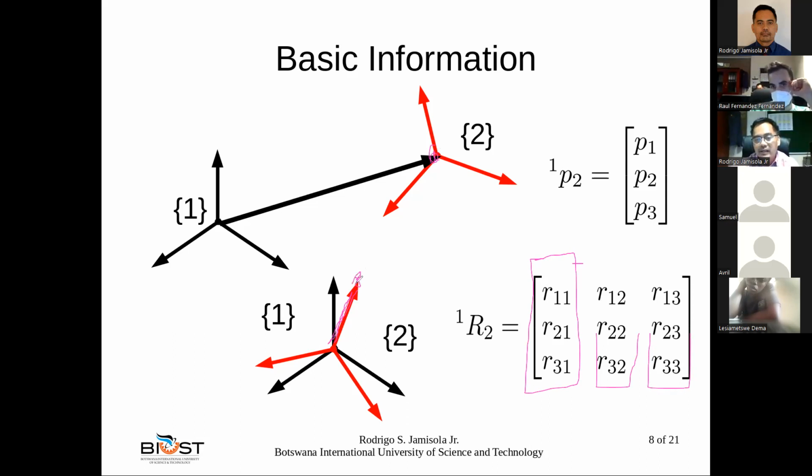This point is expressed with respect to the X, Y, and Z of frame 1. Another point, this one, with respect to X, Y, and Z is that one. Another point expressed with X, Y, and Z is that one. So why do you need 3 axes here? Well, 3 axes because those axes rotate.